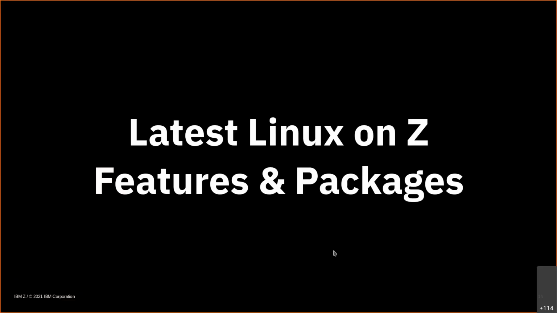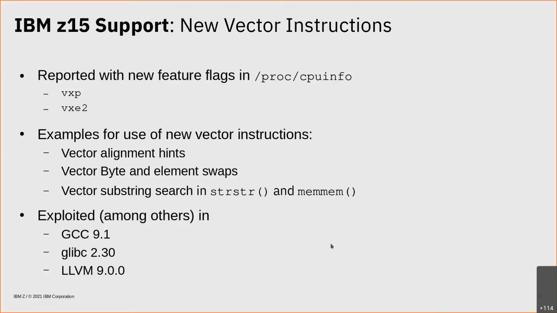Now, let's take a look at the latest features that we provide, starting off with the IBM Z15 support. First off, IBM Z15 introduced yet another set of vector instructions, sometimes also referred to as SIMD instructions. Here's a small snippet showing how to verify that they are available to you, which of course should be the case on any IBM Z15 model.